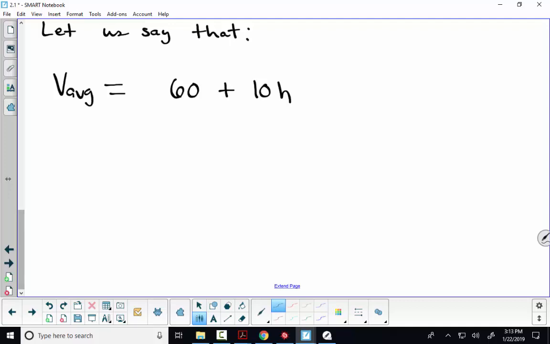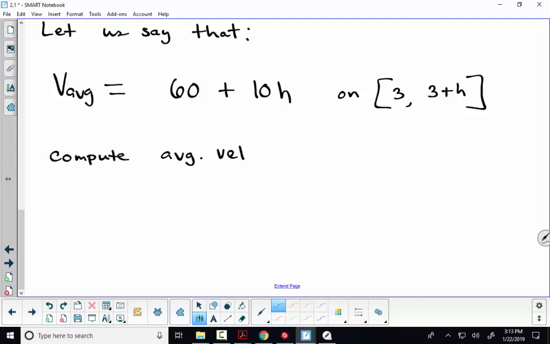So let's say this is on 3 to 3 plus h. And then we said compute the average velocity on the given intervals.